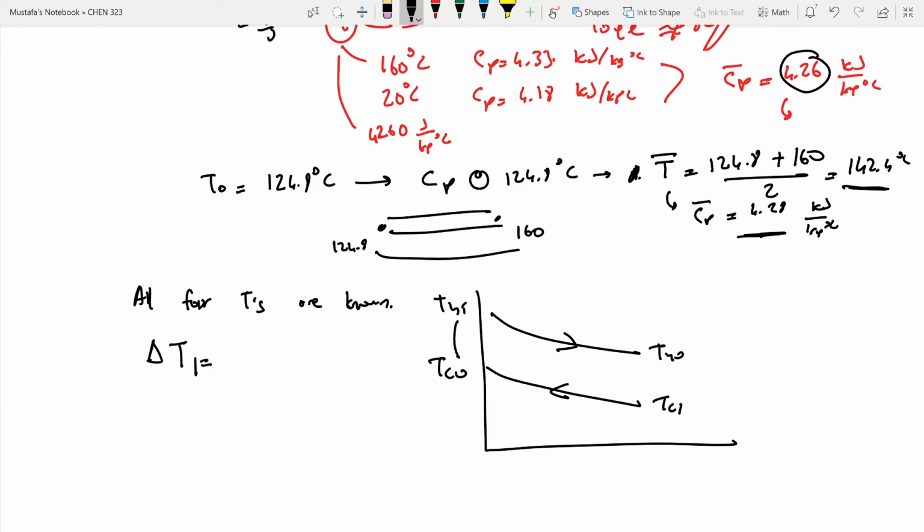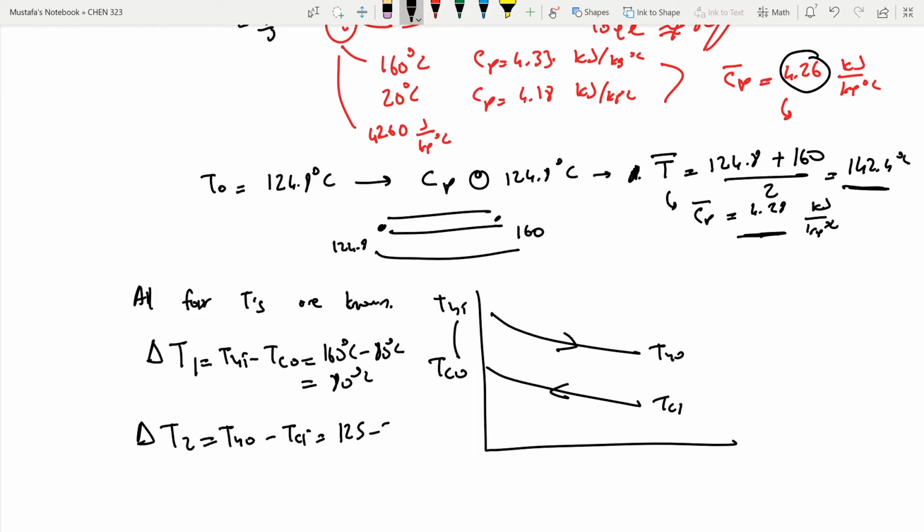T hot in is 160 degrees Celsius, T cold out is 80 degrees Celsius, so the difference is 80 degrees Celsius. Delta T2 is T hot out minus T cold in. T hot out is about 125, T cold in is 20, so the difference is 105 degrees Celsius.